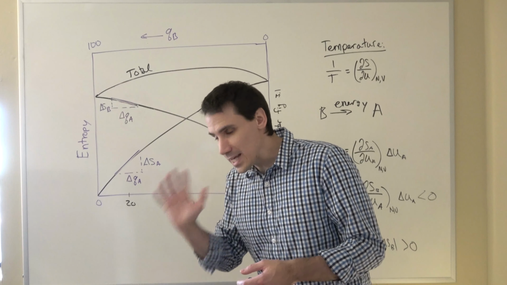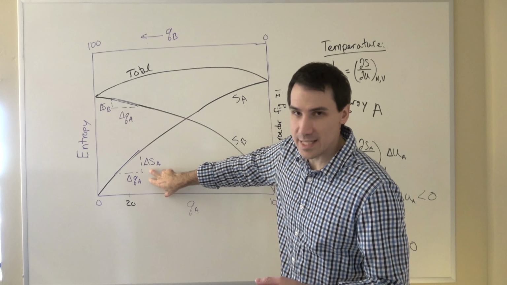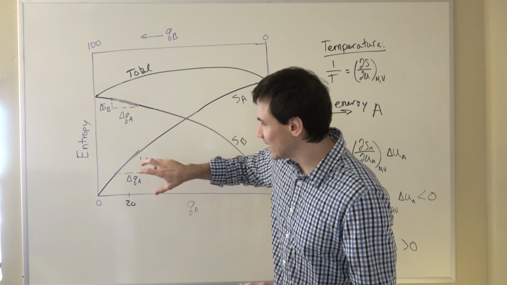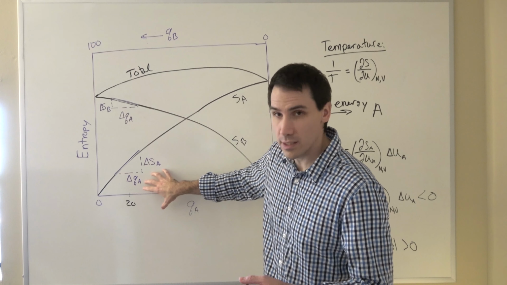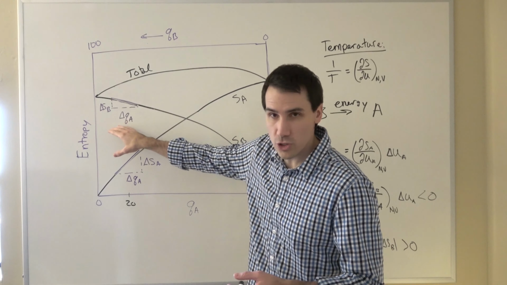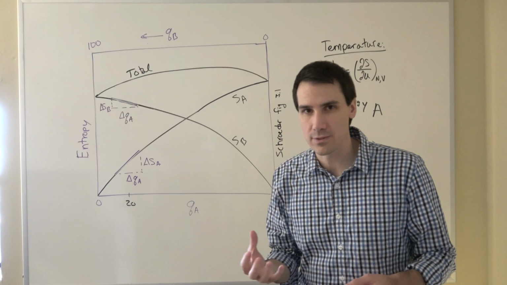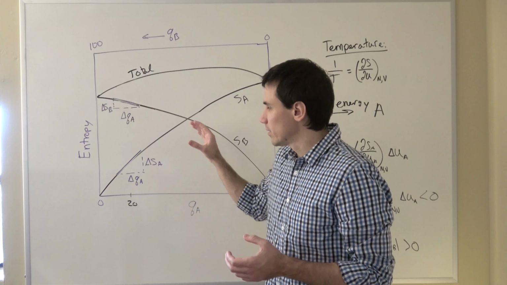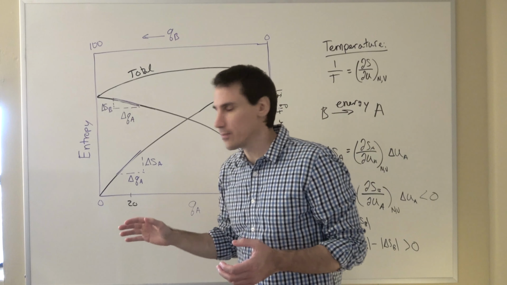But what is a good argument is that this slope is steeper, which means that it's going to gain a lot of entropy if it gains energy, and this slope is more shallow, which means it's not going to lose as much entropy when it loses energy. Now let's relate this idea of the slope to the idea of temperature.